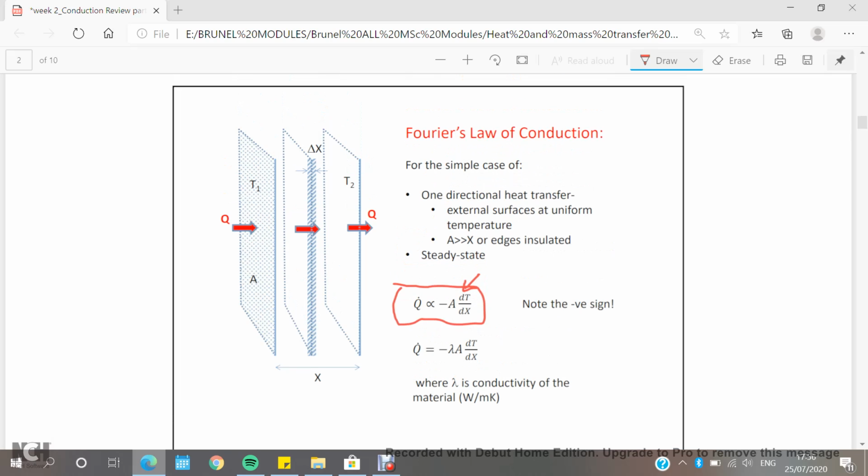Here there is a very simple diagram explaining this equation.